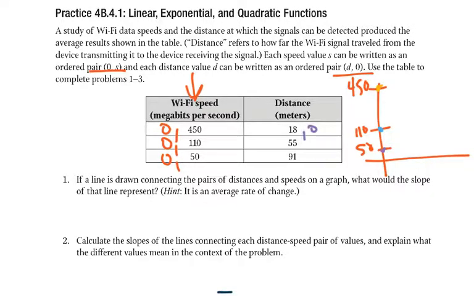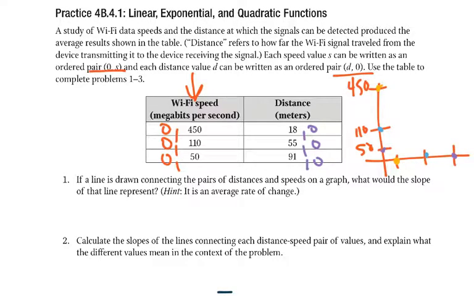So it'd be like (18, 0), (55, 0), (91, 0). We have 91 here, 55 here, 18 here, and it would be 18 right here, 55 right here, and 91 right here.